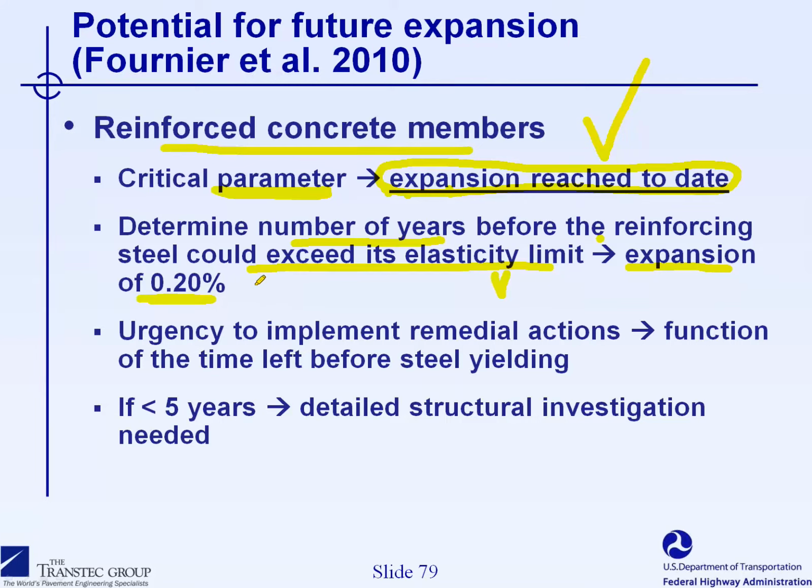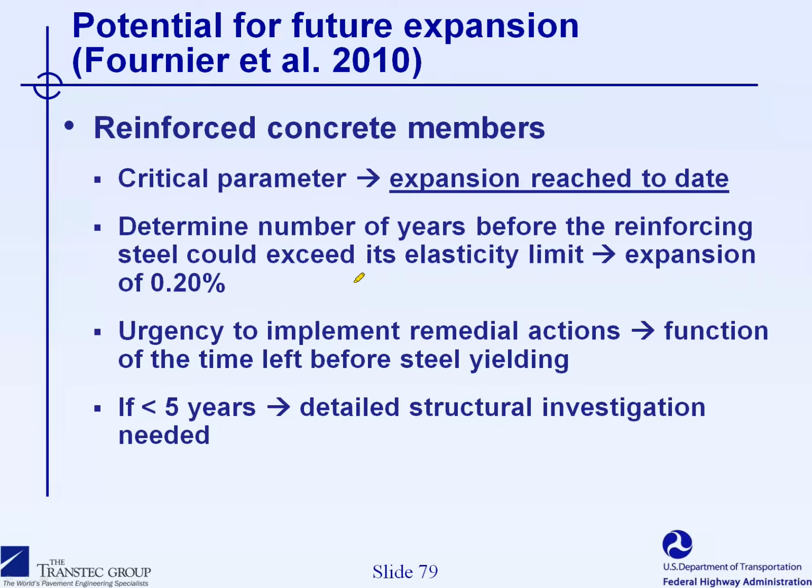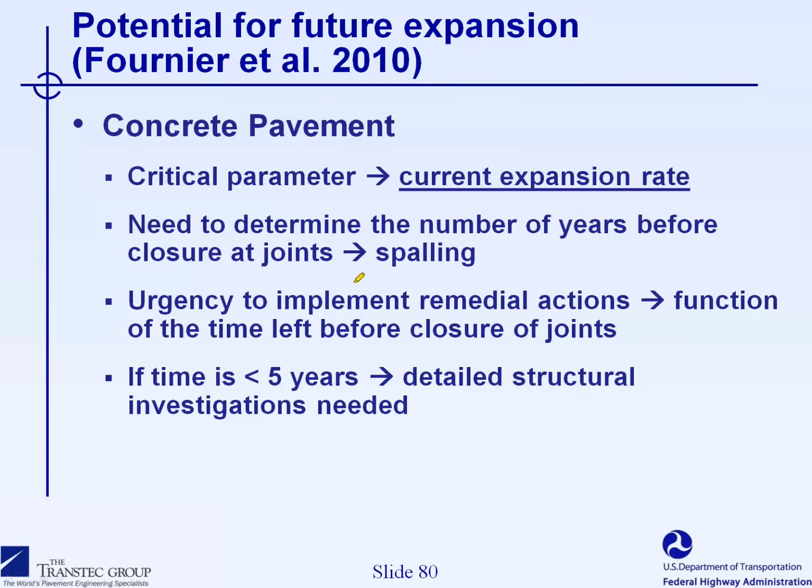So depending on the expansion reached to date and the rate of expansion, the engineers will need to take some decision as a function of the expansion that has been reached at the time of the inspection and the rate of expansion, to determine how many years are left before we exceed this 0.2% expansion, and some structural evaluation needs to be done.